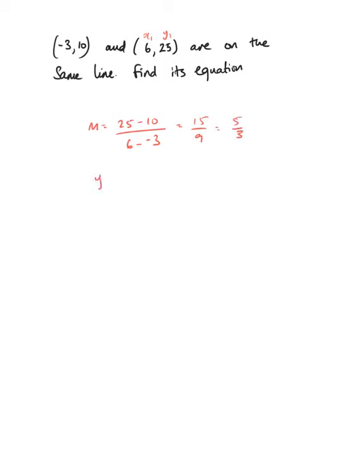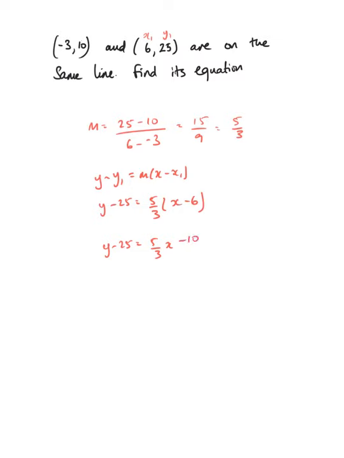So let's just go ahead and substitute into y minus y1 equals m(x minus x1). So y minus 25 is equal to 5 over 3 (x minus 6). So y minus 25 is 5 over 3 x minus 10.